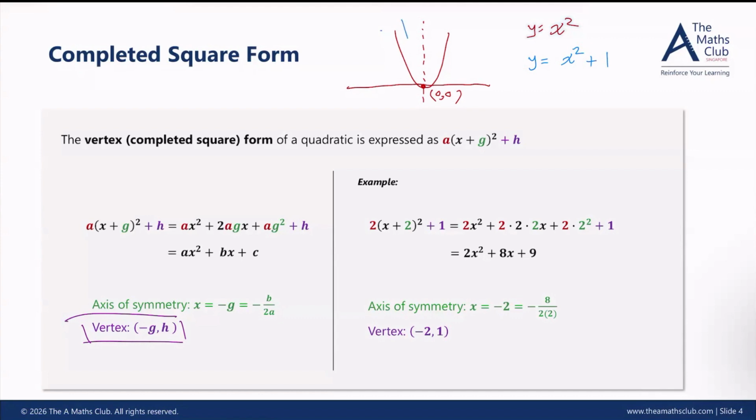If you sketch the graph of this, you'll realize that y equals x squared plus 1 has a vertex of 0, 1.